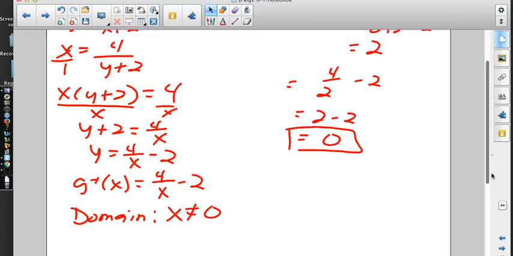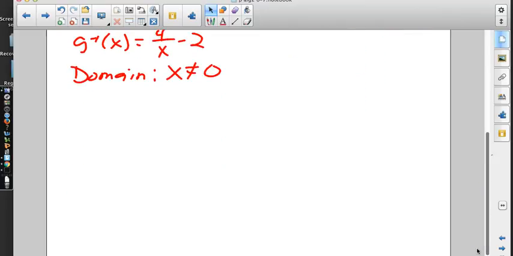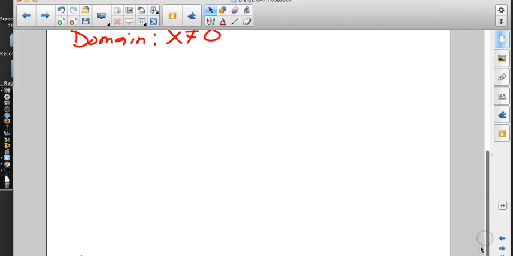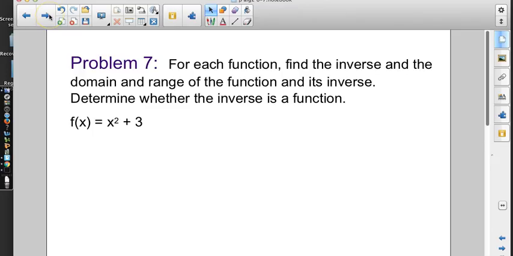So, is that it for this page? That's it, huh? Now for the good stuff. The good stuff is verifying that the composition works, making sure that our inverse is truly right. It says for each function, find the inverse and the domain of the range of the function and its inverse. Determine whether or not the inverse is a function.